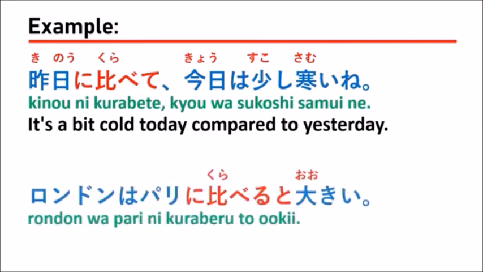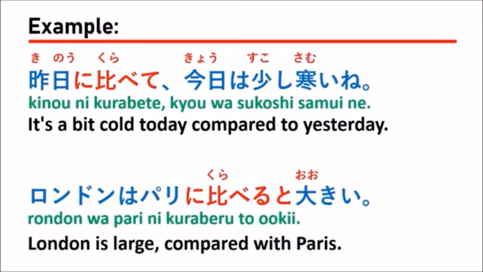The next example: ロンドンはパリに比べると大きい。Which means London is large compared with Paris.